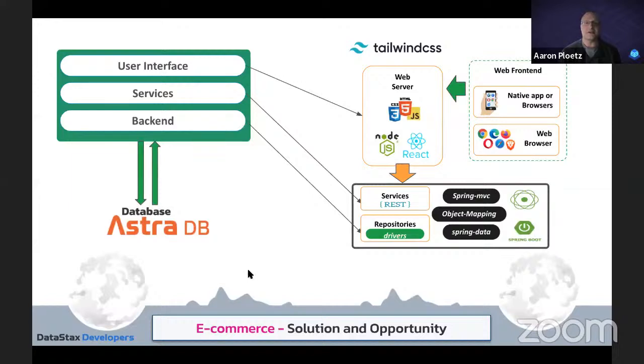Essentially, the service layer runs on top of Spring Boot. So we have a lot of Java code built around optimizing Spring Boot services. And then, of course, on the back end, we have DataStax Astra DB that's actually using Spring Data Cassandra repository.